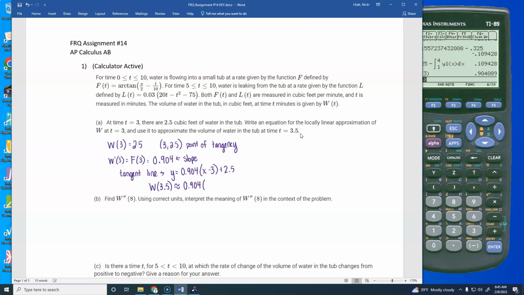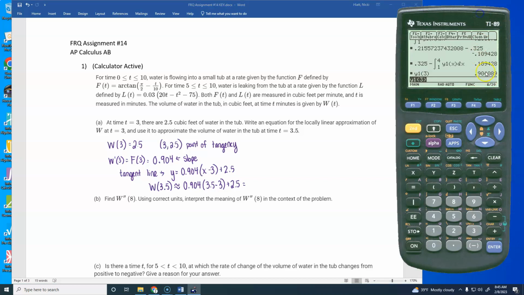0.904. We'll do 3.5 minus 3 plus 2.5. And it really might be a good idea to use, even though I wrote 0.904, the value right here that's in the calculator.